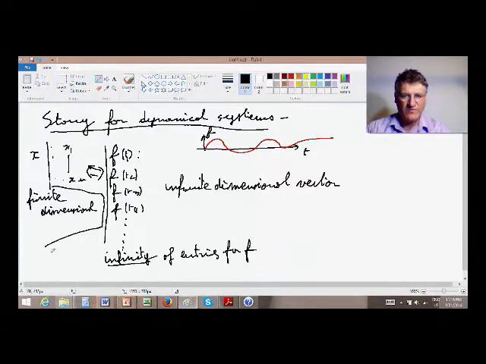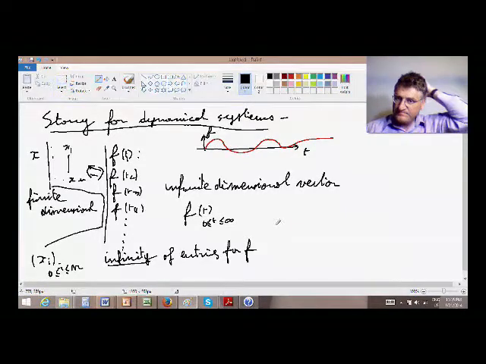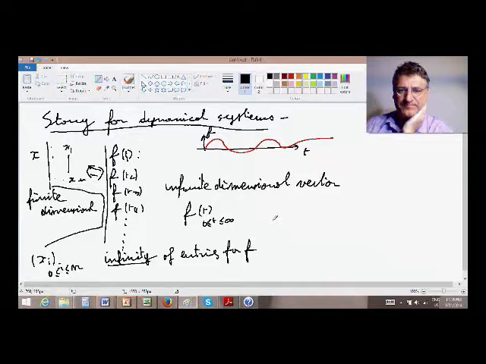And just like for a finite vector, we write it in short as xi, i between 0 and n, we can write a shorthand f of t, where t is between 0 and infinity.